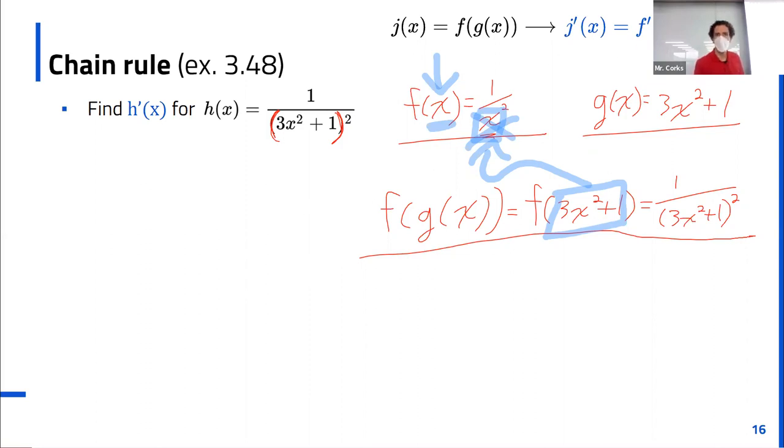Okay, so if we have that, these derivatives are not too hard. If we use this function notation, we can apply that to our chain rule here. So our h prime of x here would be, we have our two parts.